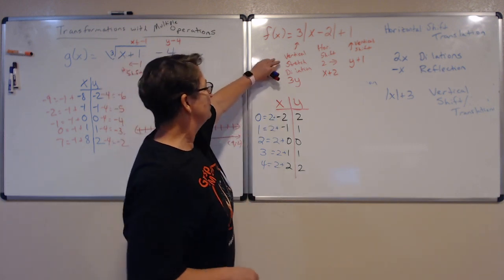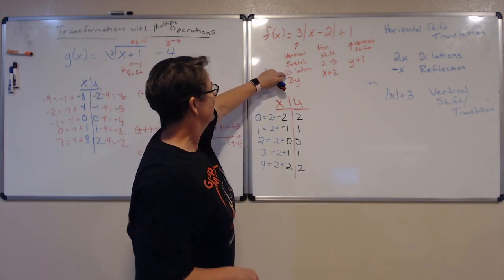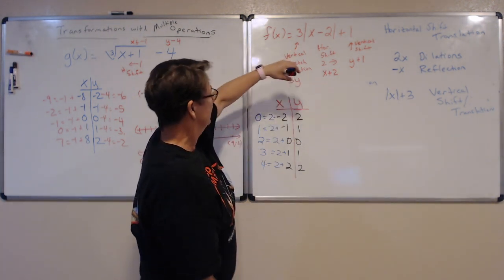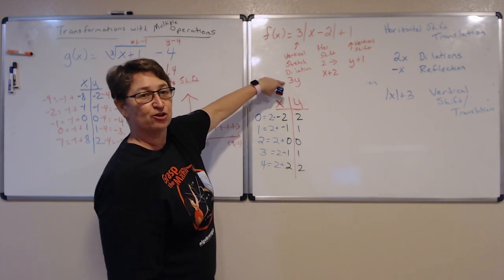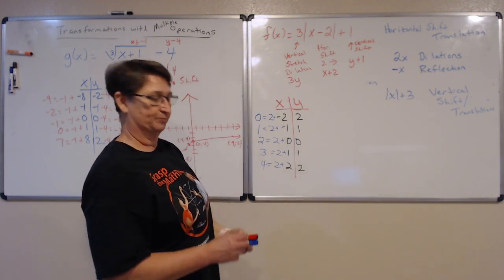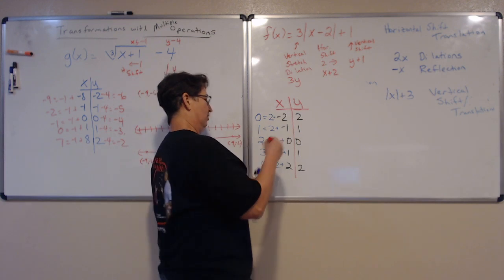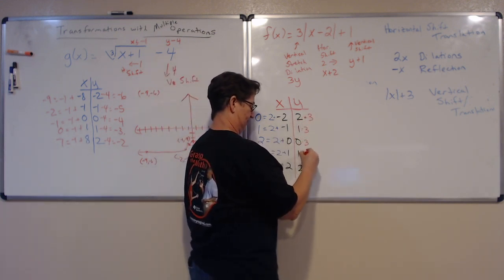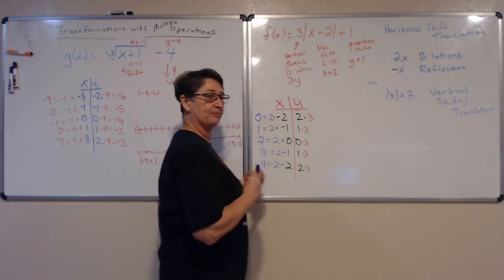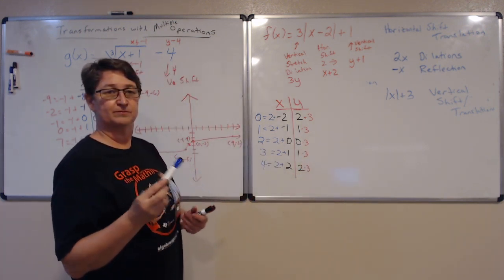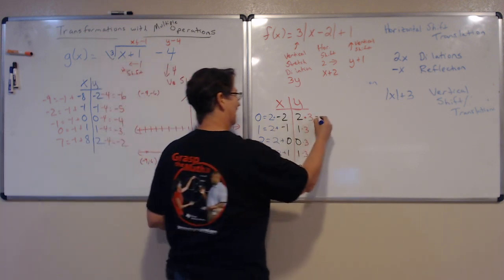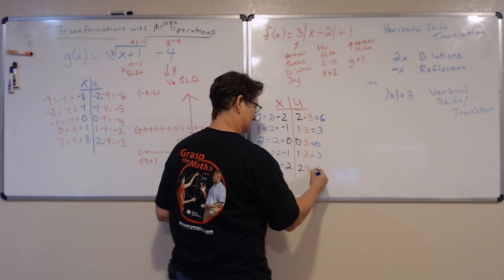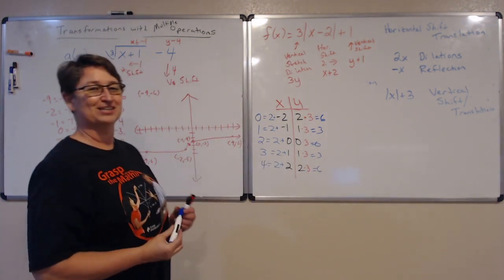Okay, so I'm going to do that dilation next, and I'm going to stretch it vertically. I'm going to take all my y values and multiply them by 3. Yay, you got it. 6, 3, 0, 3, and 6. Great job.